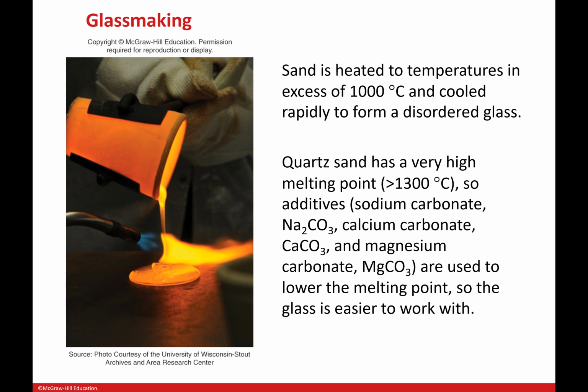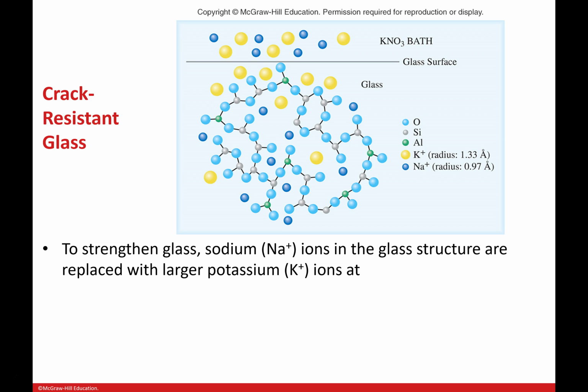So, very good. With all of that in mind, this is kind of what they do. They put an additive into silicon to make it so that the glass melts and freezes at a higher temperature.